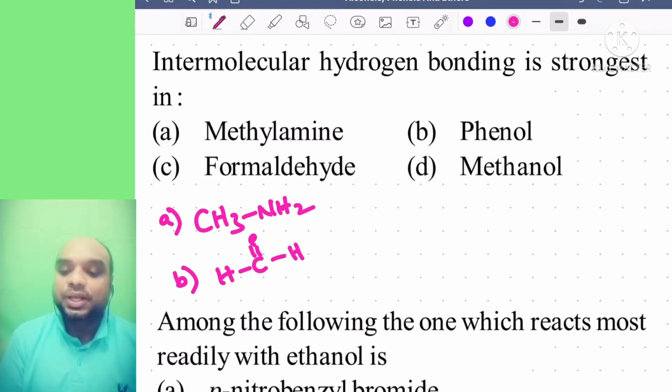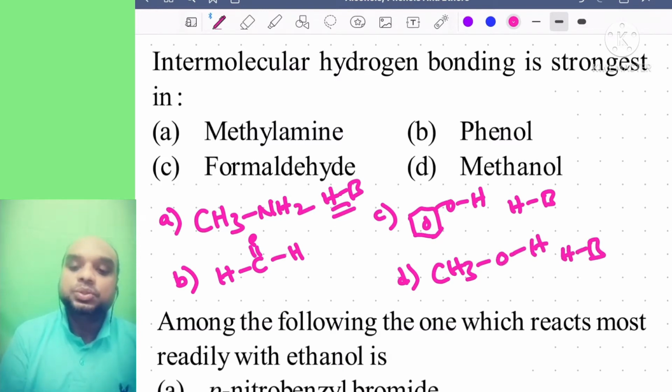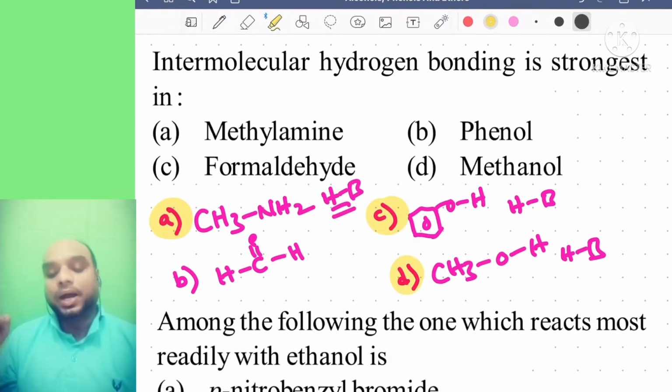And phenol: the OH group is there, so it can form hydrogen bond. This amine also can form hydrogen bond. And option D, methyl alcohol, methanol, is given. This one also can form hydrogen bond. So mostly, which can easily form hydrogen bond? A, C, D can form hydrogen bond.